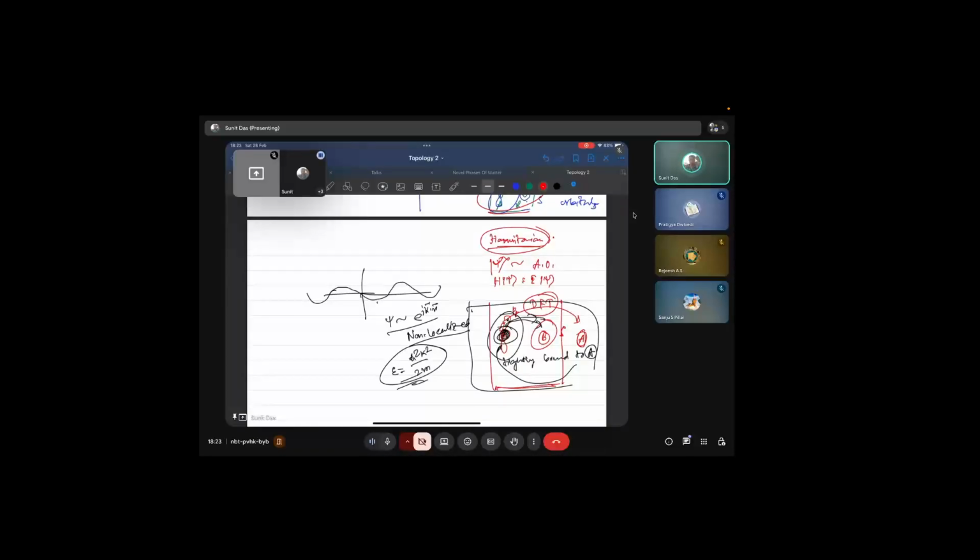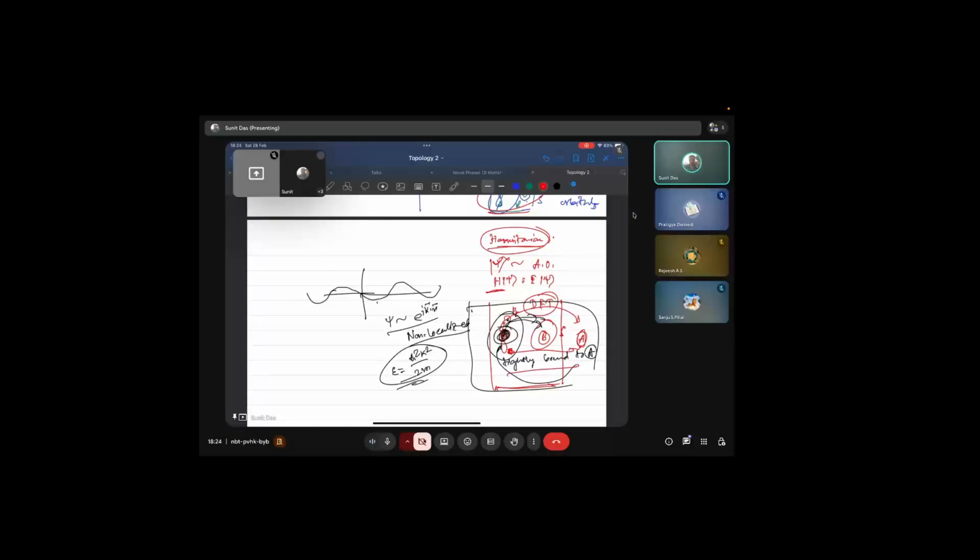But as you increase the distance from the parent atom to the other atoms, the tunneling probability decreases, so the hopping probability also decreases. They are tightly bound, yet they have a finite probability to hop to the nearest neighbor mostly, and in some cases the next nearest neighbor at max. There are various methods: we construct the Hamiltonian first, then solve it to get the energy and then the wave function.